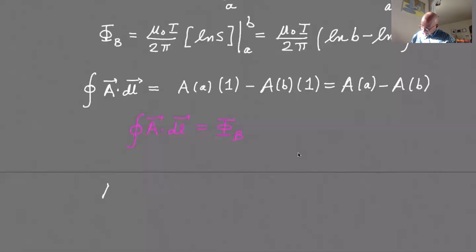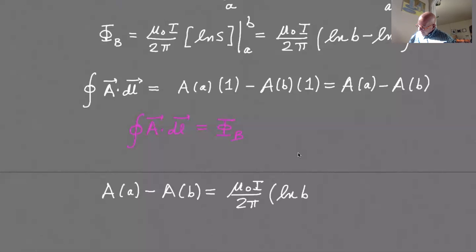And so then this is going to be A at a distance A from the wire minus the vector potential at a distance B, and that's going to be equal to mu naught I over 2 pi natural log of b minus mu naught I over 2 pi natural log of a.